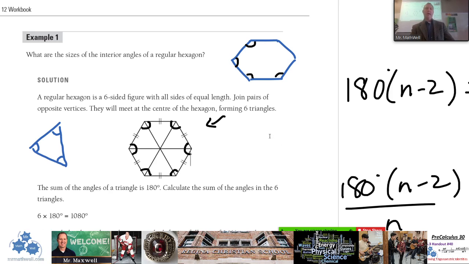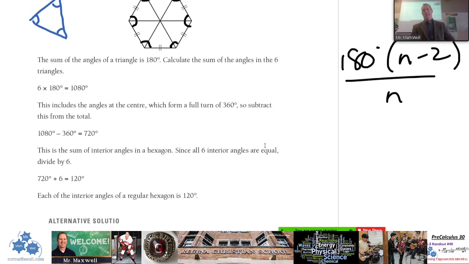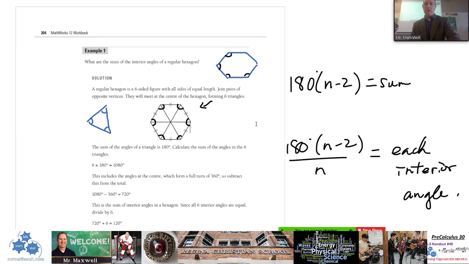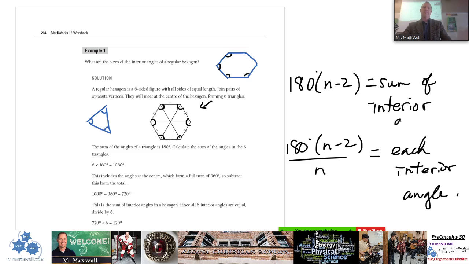So how can we find out what those angles are? Well, there's a handy little formula. Again, this is review, so hopefully you've seen this before. The sum of the interior angles is given by 180 times (the number of sides minus 2).